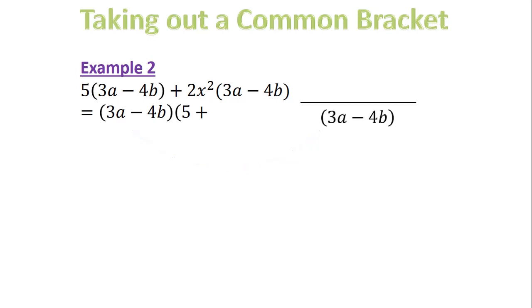In the numerator, we have our second term. And now we cancel as we've been doing. 3a - 4b goes there once, and 3a - 4b goes there once. And can you see again, we're left with just 2x squared. So we write it down. Lastly, we mustn't forget, close the bracket. And there we have our answer for example 2.